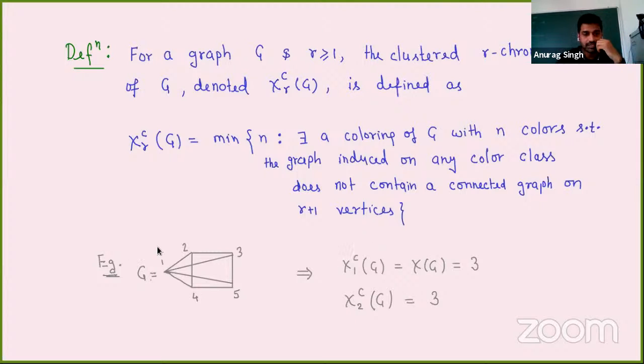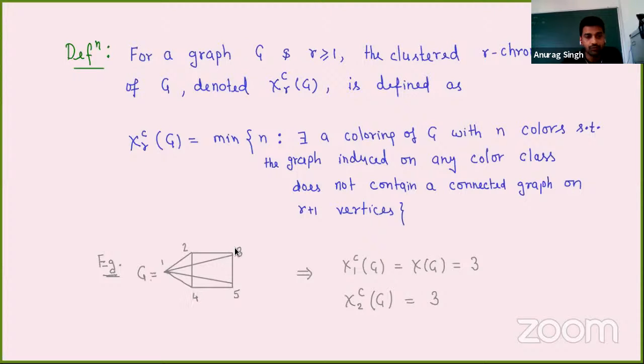When you see this example, the one clustered chromatic number is the same as the chromatic number, which is 3, and the two clustered chromatic number of this graph is again 3. Let's try to color this vertex with, say, color blue. When you color this vertex with blue, you can again color this vertex with blue, because the same color will induce a subgraph of cardinality at most 2. But when you have these two, you cannot color any other vertex with color 2.